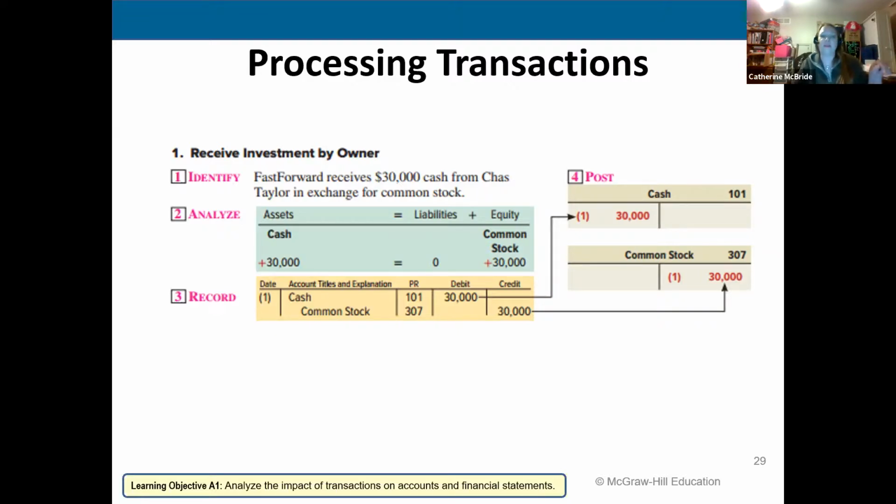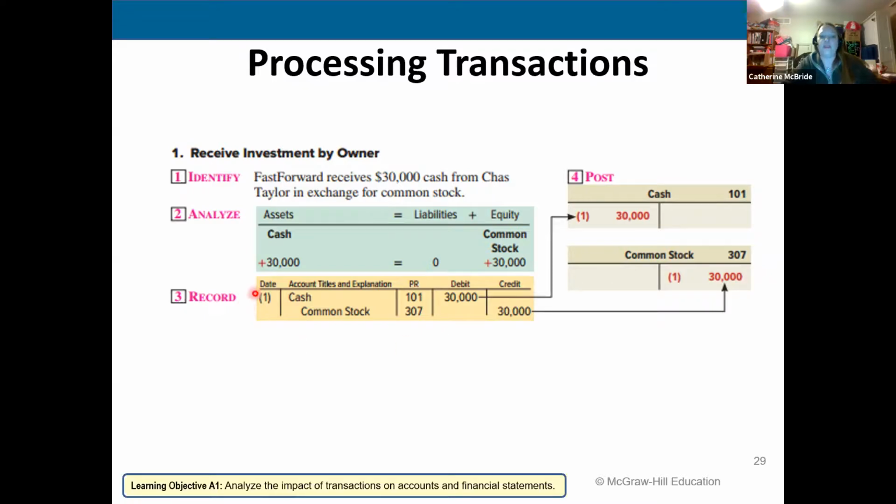If I increase an asset, I debit it. I have equity that increased. If I increase equity, I credit it. So I'm going to debit cash and credit equity. So here it is in my T accounts. I debited cash and I credited equity.